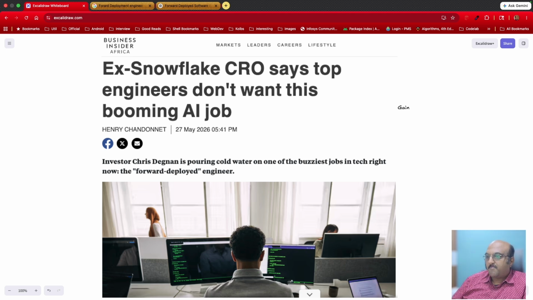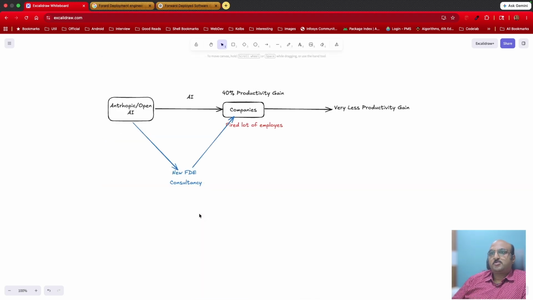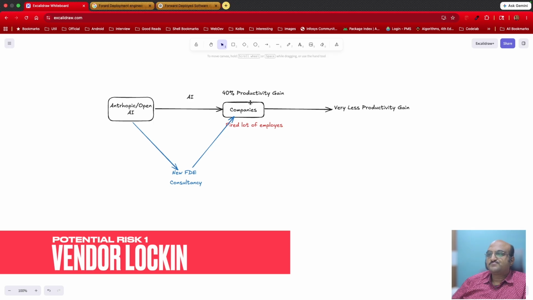That's what it is. But there is another problem that might happen with this scenario. One is, of course, companies will get someone who is very well conversant with the LLM world and can come and build better solutions that can deliver better, production grade results. But there are two other problems that might happen. One is, you might have heard of something called vendor lock-in. In the SaaS world, vendor lock-in is a major problem. You buy a license for a particular software product.